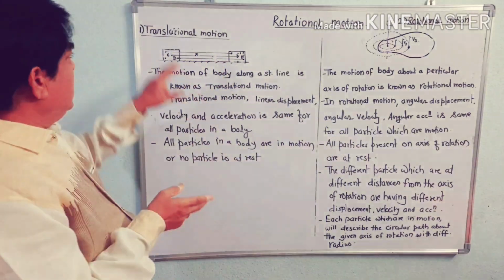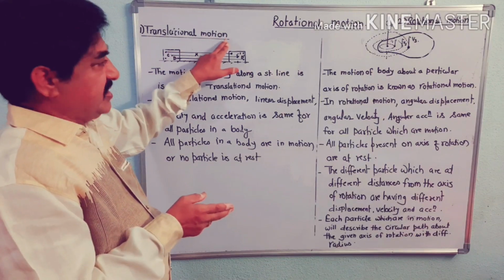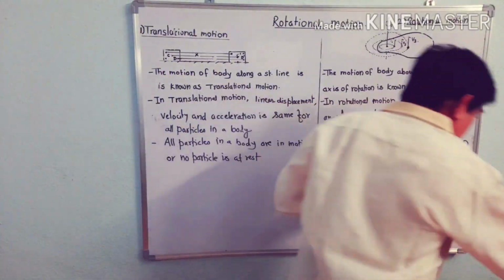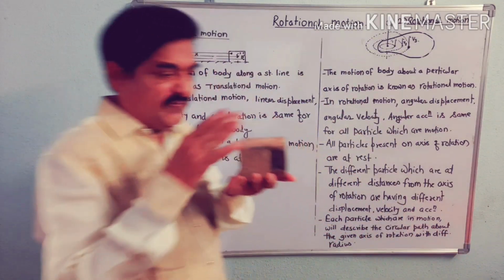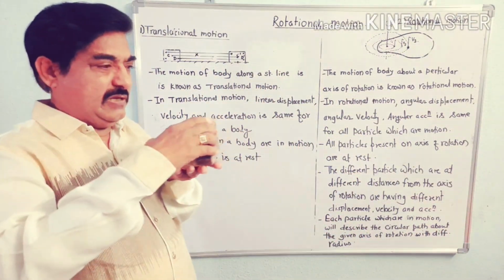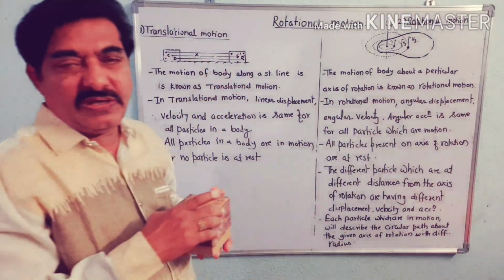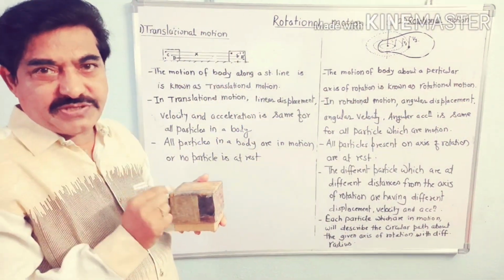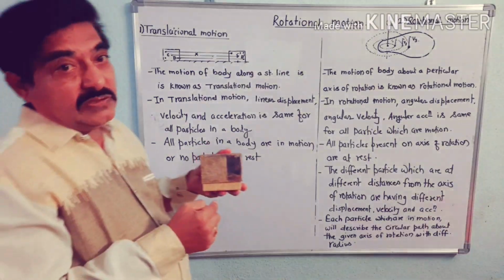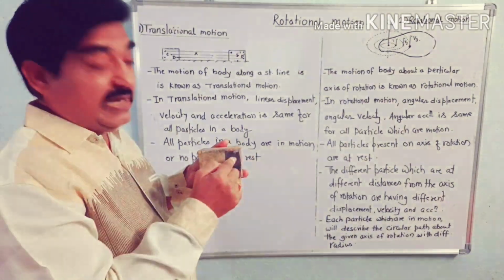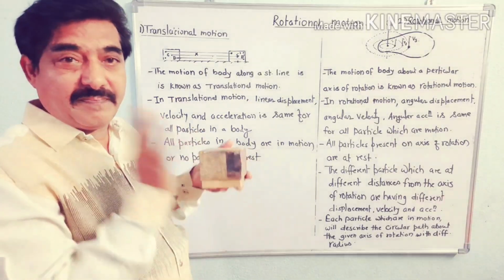So in a translational motion, body moves along a straight line. If this is a rigid body, this moves along a straight line. Then in a translational motion, the displacement of every particle in a body is the same.